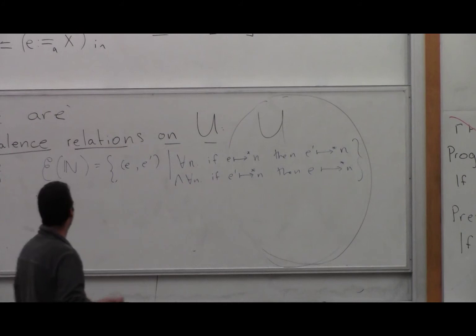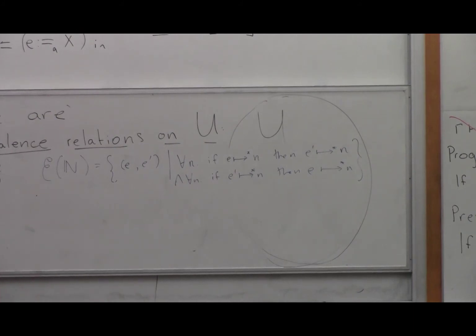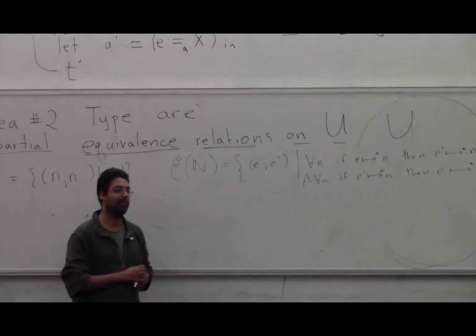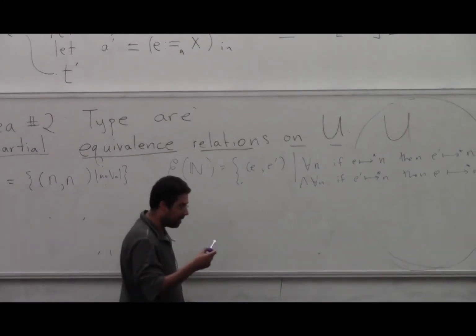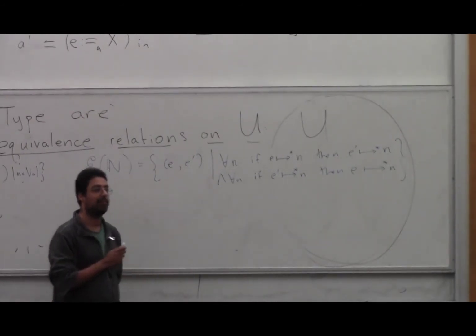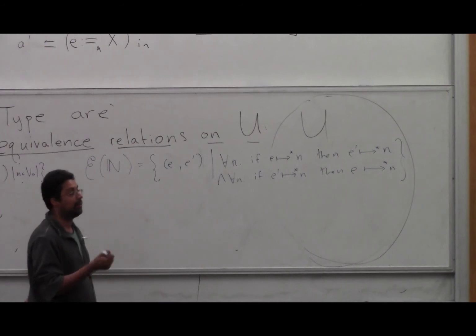And so you'll see that there's actually a sharp distinction between values of natural number type and expressions of natural number type. And the way this will cash out in a syntactic type system is, in two ways.